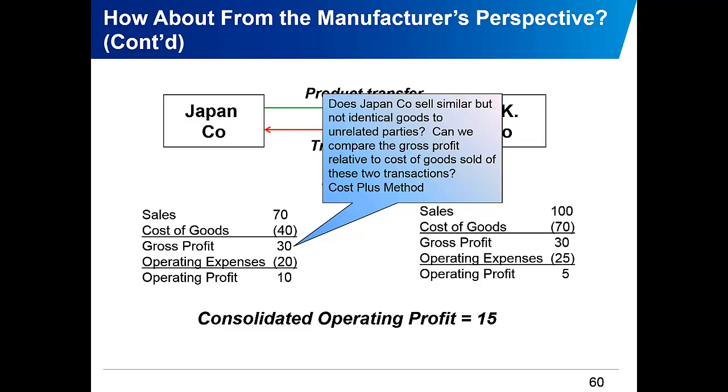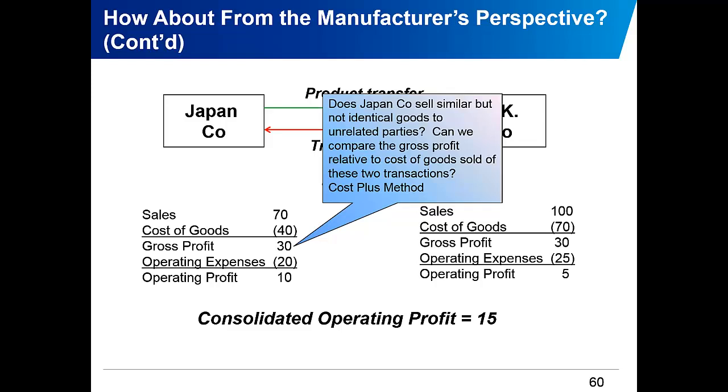But if they're selling similar goods to unrelated parties, could we compare the gross profit earned on those sales to the gross profit that it earns in sales to related parties? So in this case, we're saying they earn a gross profit of 30 and they had a cost of goods sold of 40.